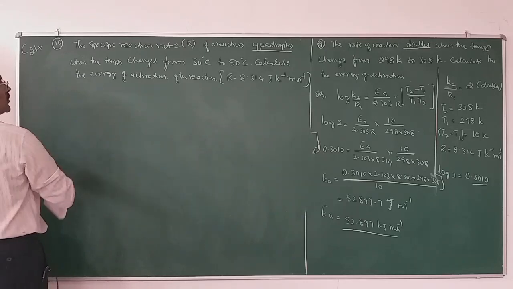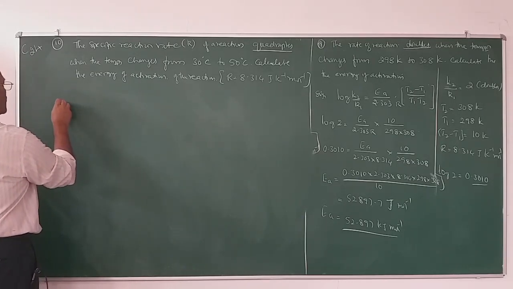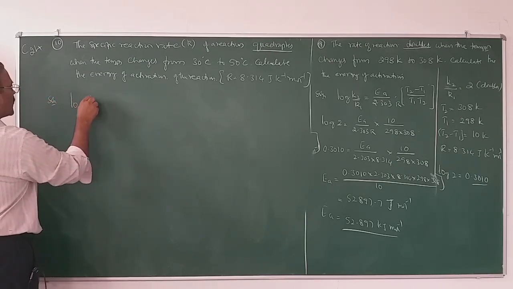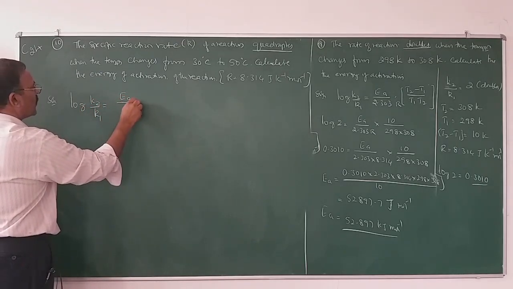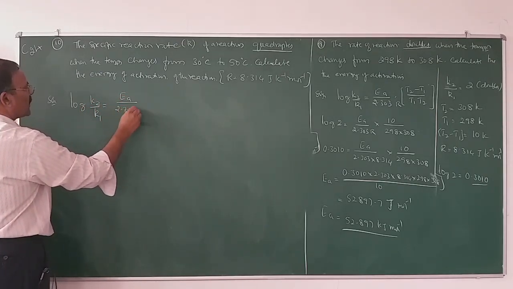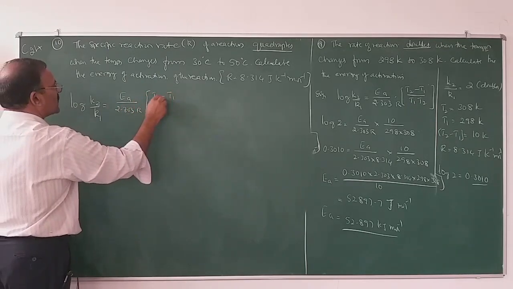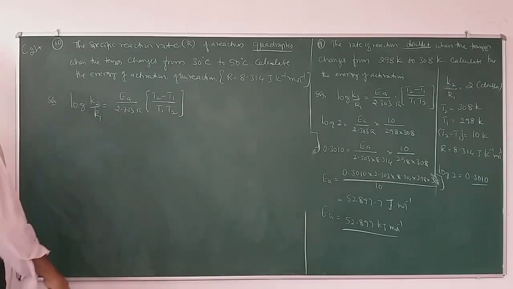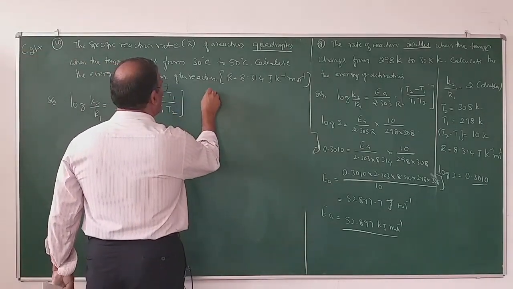So we have to write the same formula: logarithm of K2 by K1 equals EA over 2.303 R into T2 minus T1 divided by T1 T2. What is T2?